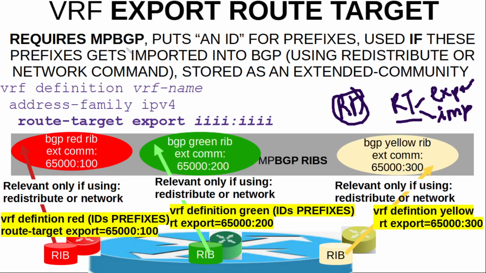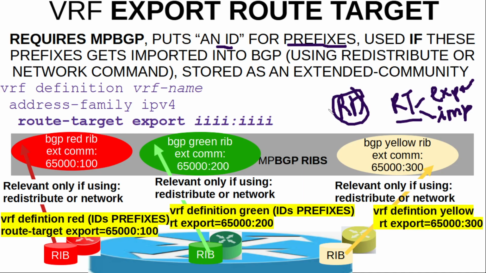With route target export, we are going to assign an identification for the prefixes that come from a particular VRF. However, this ID is used only if these prefixes get imported into BGP using the redistribute or network command.